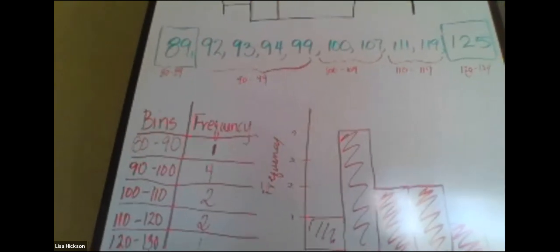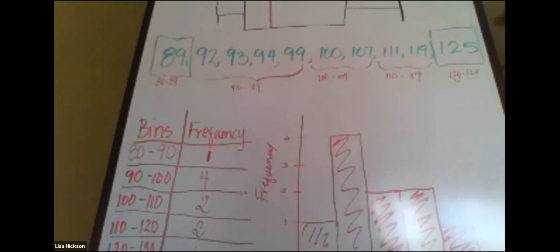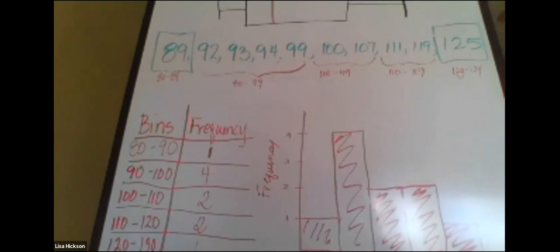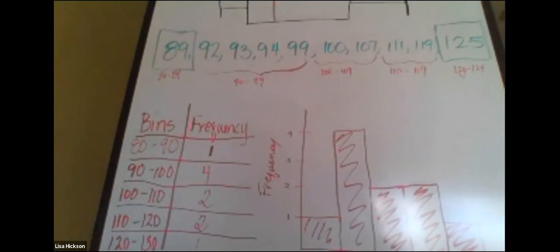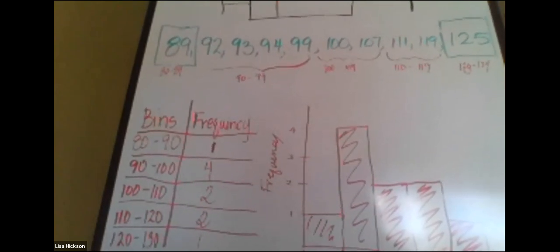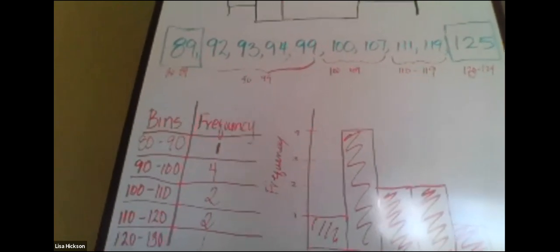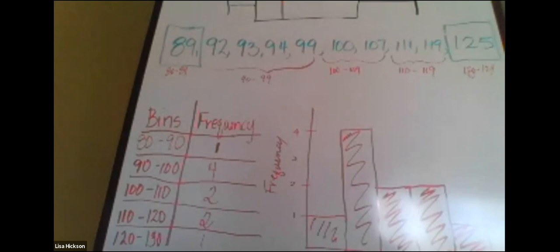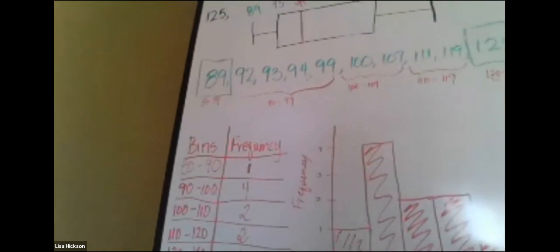So this is the histogram and the dot plot of the same data. But again, with a histogram, you will always find a frequency table.